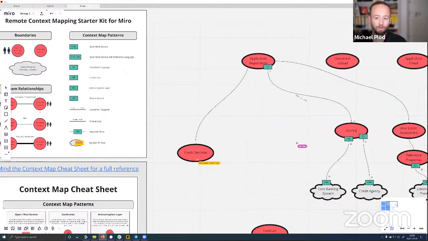Ask yourself the following question. What is the impact of the scoring team changing their rules, their internal structure, how they assess and credit application on the application registration? None.